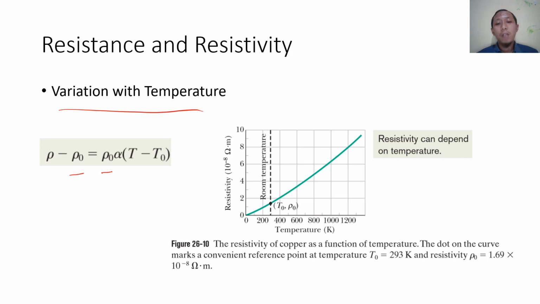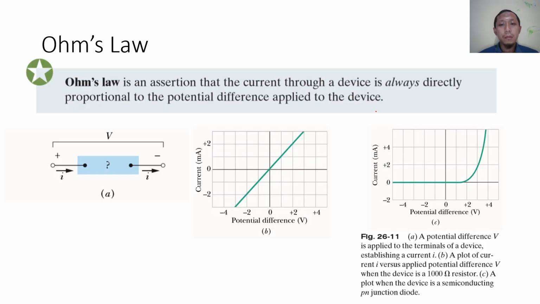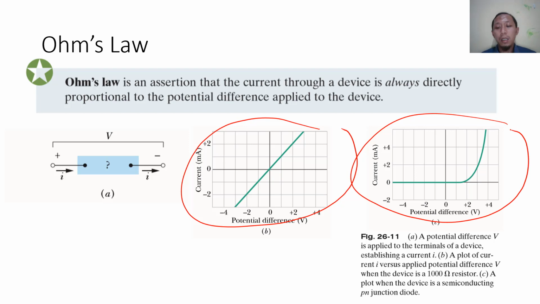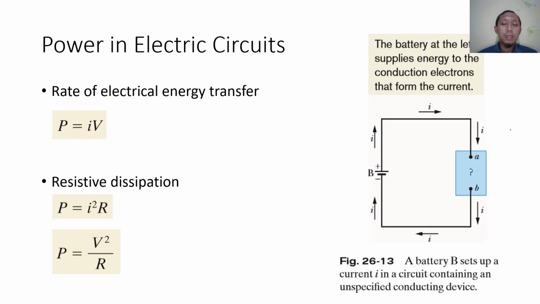It means that if we increase the temperature, like in this figure, the resistivity will increase. And then this is Ohm's law, and then we have the plot. This is the resistor, which is a linear region, and this is the diode. We didn't measure the diode, so you can check and then answer these questions.